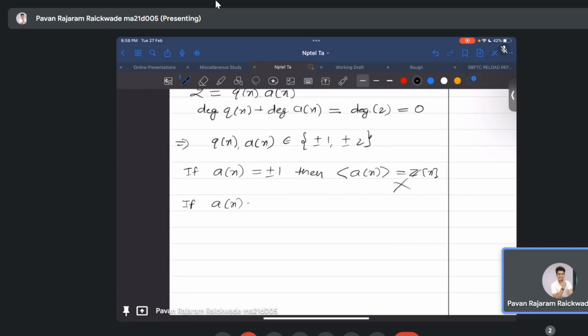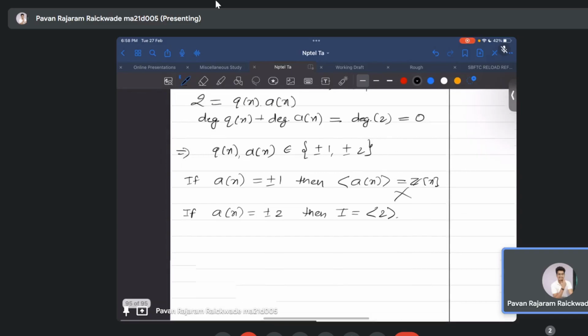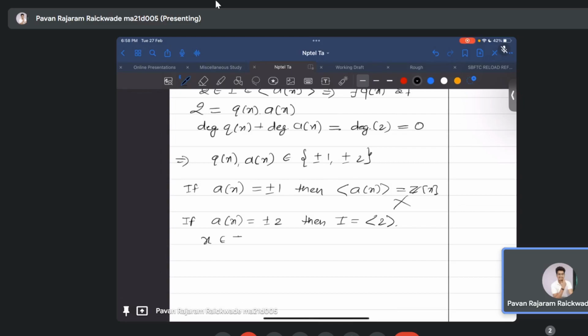If a(x) equals plus or minus 2, then basically I will be the ideal generated by 2, right? But now, do you have x there? That's the question. So x belongs to I, which is the same as the ideal generated by 2, hence x can be written as 2 times some other polynomial q(x), where q(x) is in Z[x], right? But this is impossible because q(x) is a polynomial with integer coefficients. So whatever the coefficient of x there, you multiply it with 2, it will become an even number, right?